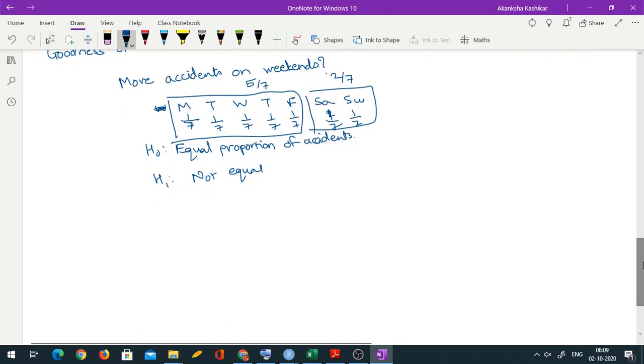So in that case, my ideal H0 is there are equal proportions of accidents on each day of the week. So I have modified my hypothesis a bit.